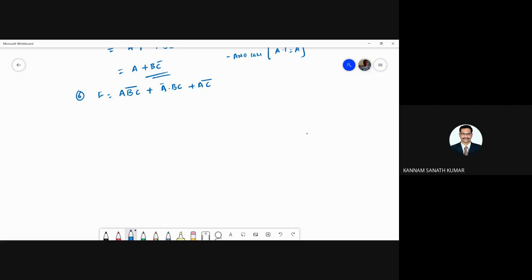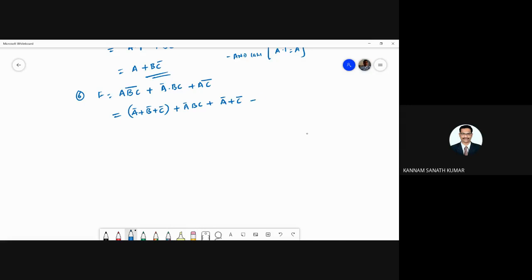So this is equal to A bar plus B bar plus C bar, plus A bar BC, plus A bar plus C bar.